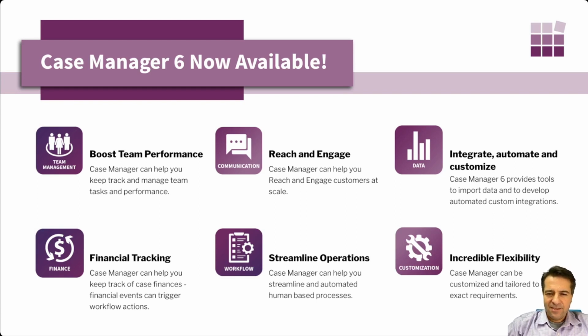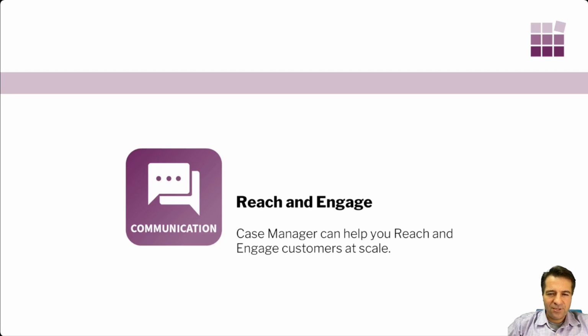Let's get going. So I'm going to give you a demonstration of communication, but before I do that, I want to just create the context. Did you know that more customers now prefer to use messaging and texting to communicate? In South Africa, WhatsApp would be the main channel. In America, it's texting. And in other countries, it could be Facebook, Viber, other messaging-based systems.